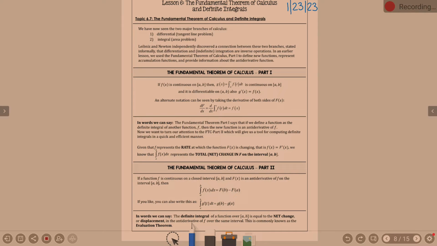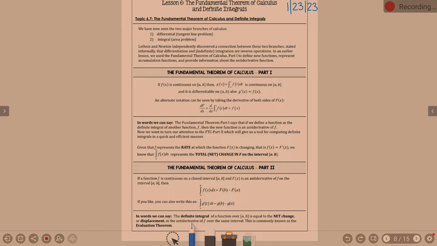So, given that little f represents the rate at which the function is changing, where capital F is the antiderivative, so capital F prime equals little f, we know that this integral represents total net change in F. So when we talk about area under a curve, that's the total change there.